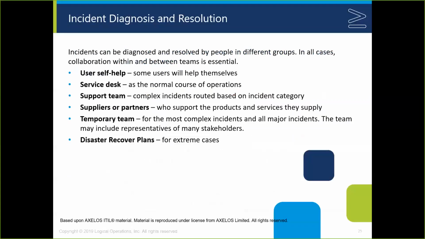Okay. Incident diagnosis and resolution. Again, in the current guidance, they've really brought in the idea of user self-help. They've described the various teams and the roles that we might play in diagnosis and resolution. They specifically call out the potential for escalation to things like a disaster recovery situation.